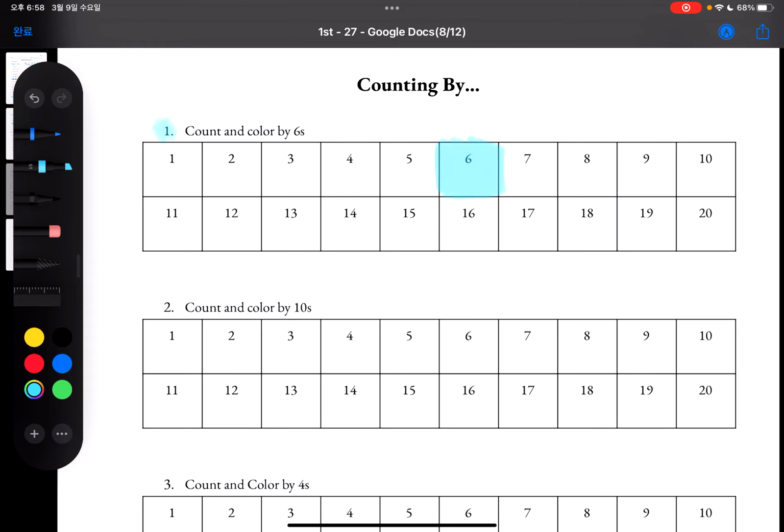Then we count 1, 2, 3, 4, 5, 6 again. So we're going to color in here again. And then we're going to renumber 1, 2, 3, 4, 5, 6. And then 1, 2. So for number 1, we would have 6, 12, and 18 colored.